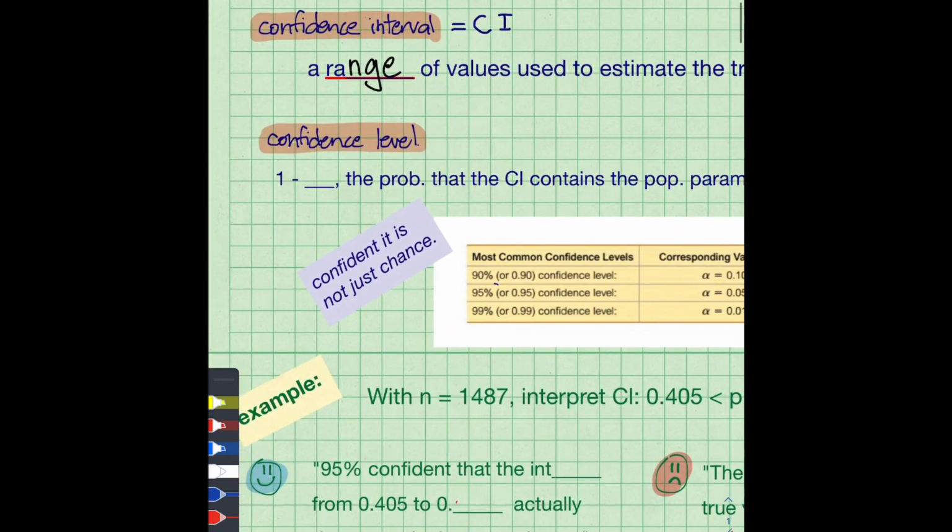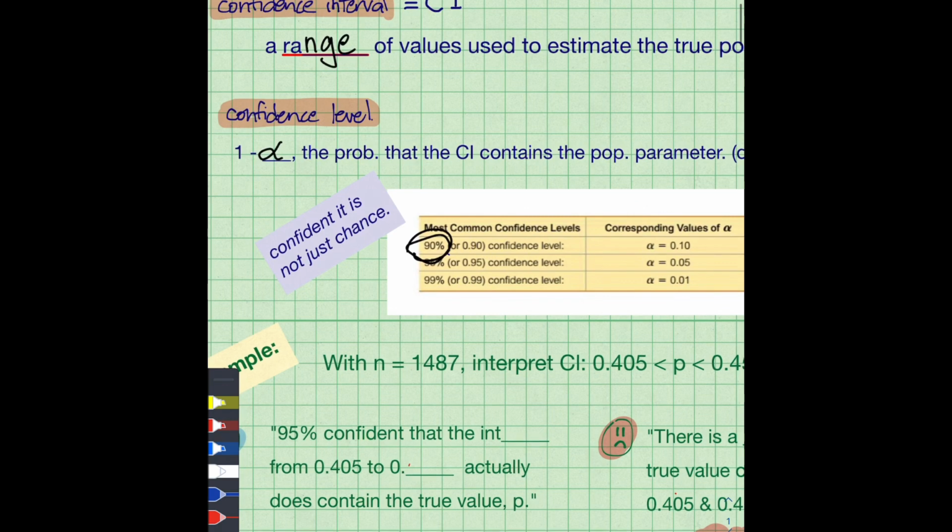And that confidence interval is determined by the level of confidence. Every problem will tell you you have a 90% confidence level. If you have a confidence interval of 90%, that means alpha is 10%. Whereas if you're more exact, more precise, then obviously alpha goes down.